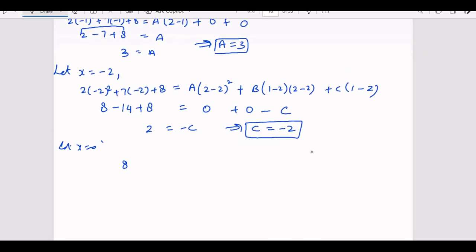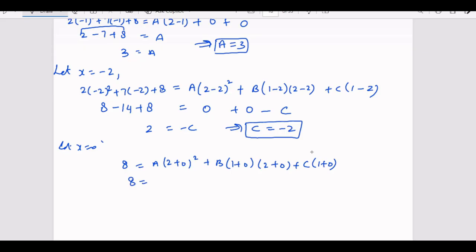Then we have A into (2 + 0)², and then plus B. We have here (1 + 0) and (2 + 0), and then C into (1 + 0). You can also equate the coefficients, that will also be helpful. It's up to you how you want to do that.